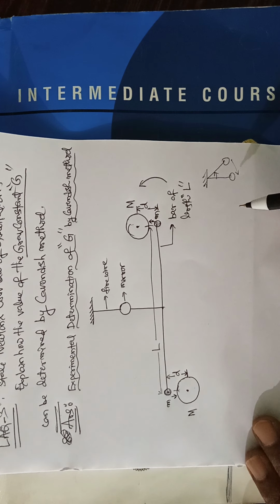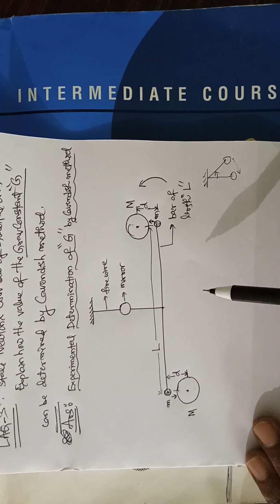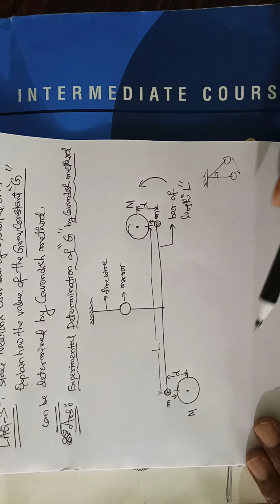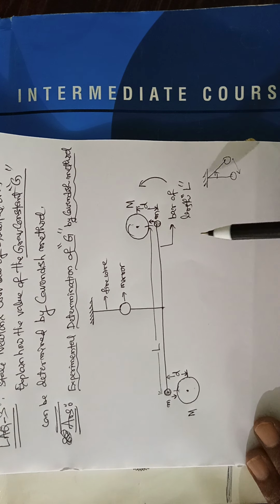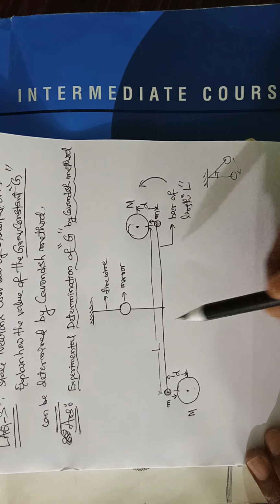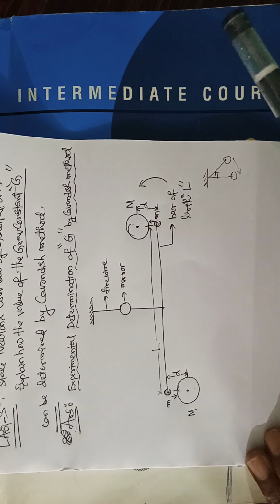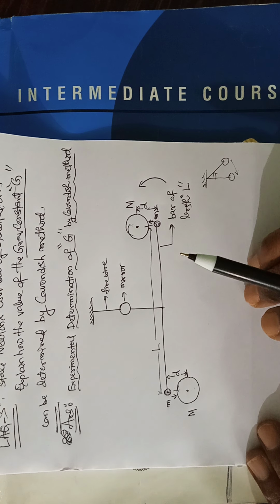So just like that, when the large spheres attract the small spheres, the bar is deflected horizontally, and the fine wire gets twisted. It immediately wants to untwist itself by applying restoring torque.